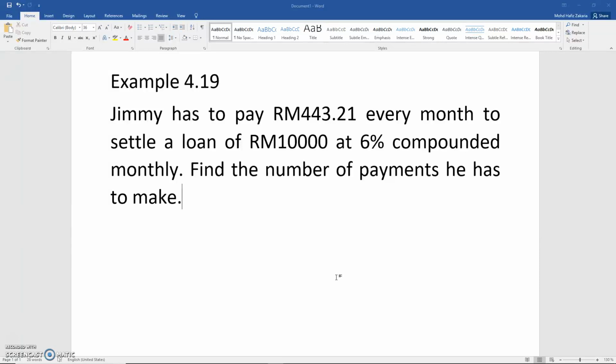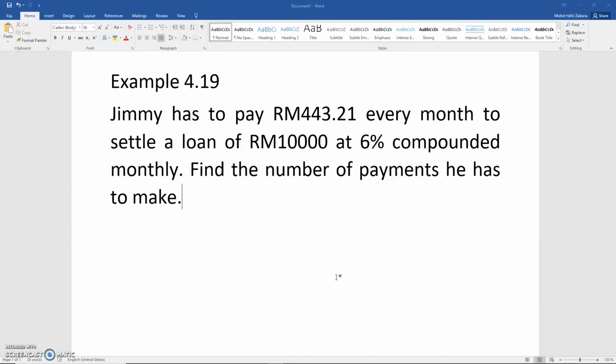So Jimmy here has to pay 442 ringgit 21 cents every month, but he doesn't know for how long, because the payment was made to settle a loan of 10,000, right? The principal of 10,000 plus 6% interest compounded monthly. So how long is it that Jimmy needs to pay for his loan?